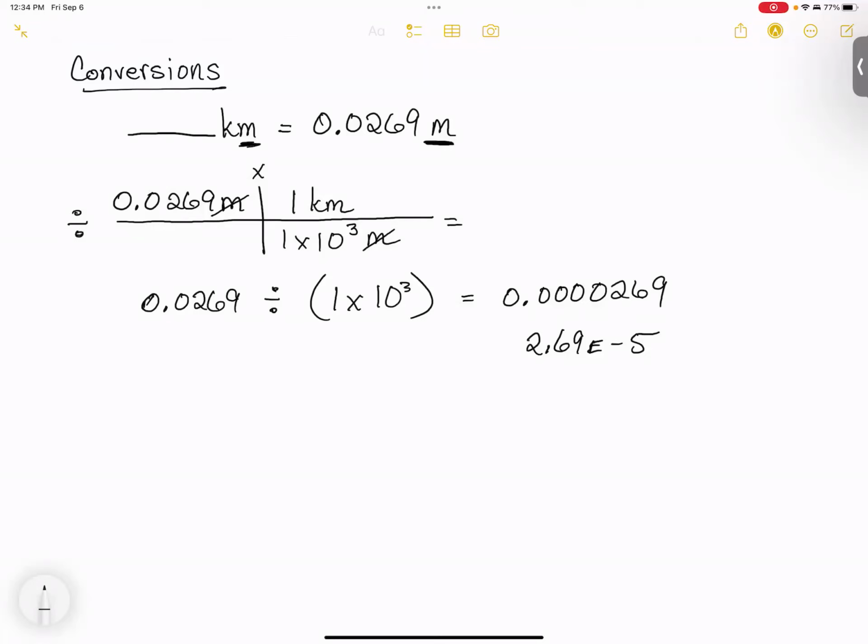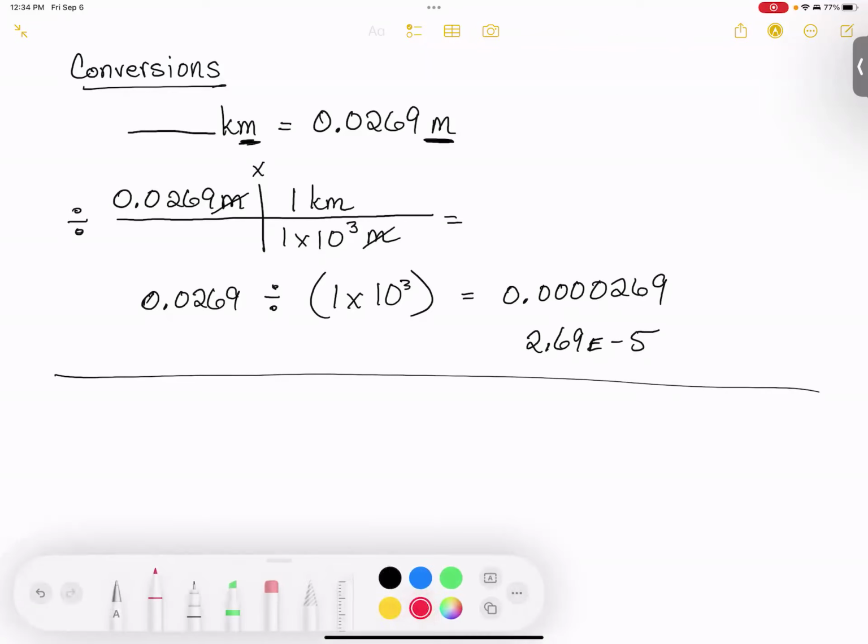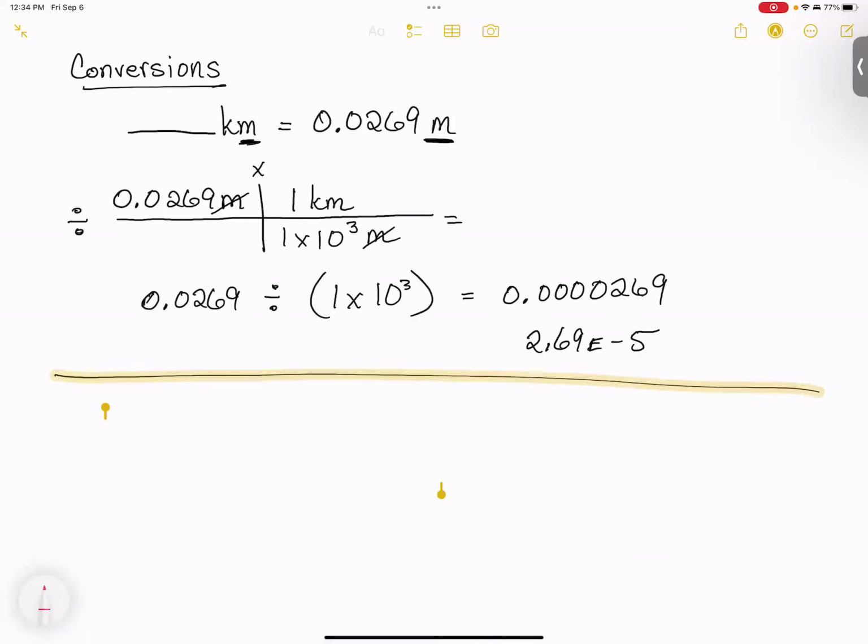Okay, kilometer, most people can get it a couple of different ways. Let's do a different one. Oh, by the way, important, before I move on, this has 3 significant digits.